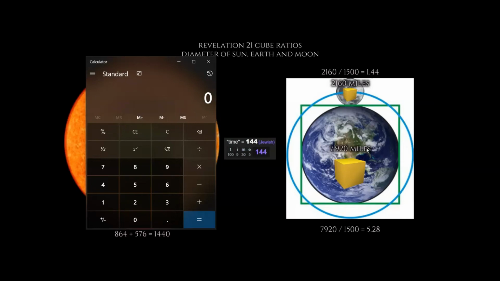So if we look at the cube in relation to the diameter of the Earth, I showed you that. It's 5.28. And if we look at the ratio with the diameter of the Moon and the Revelation 21 cube, the ratio is 1.44.